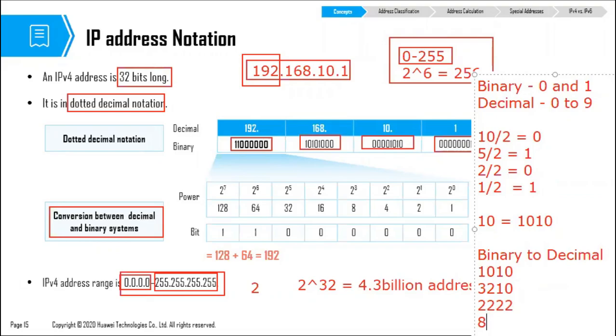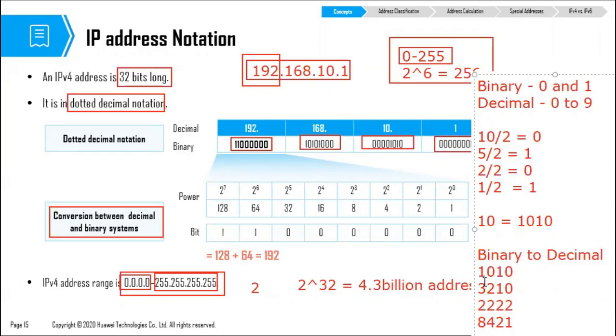Then 2 raised to power 2, 4. 2 raised to power 1, 2, right? 2 raised to power 0, 1, right? Now, once we've gotten this, we multiply it by these values, then add them together.